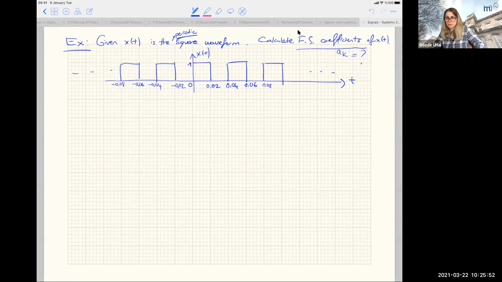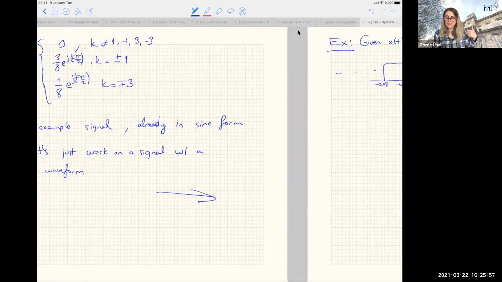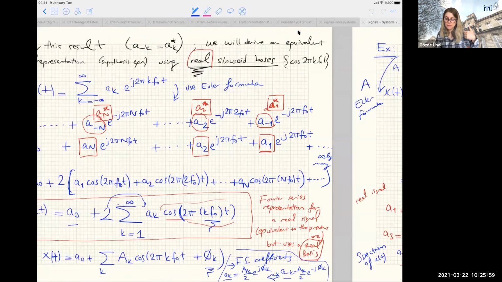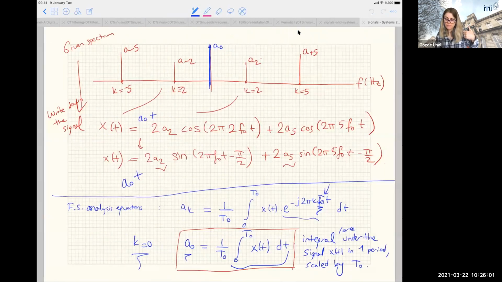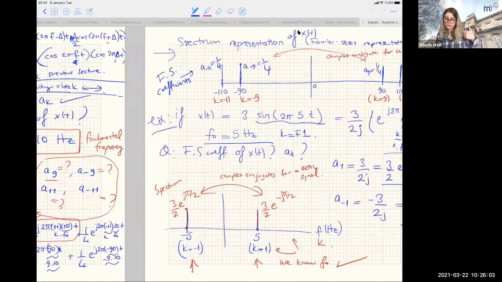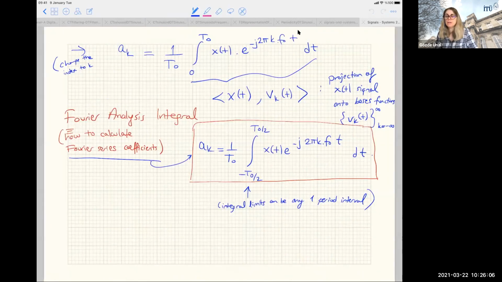You see, this looks a little bit more difficult. Now we resort to our analysis equation. Where was it? Guys, we did a lot of examples here. We project that signal, because we know its form actually. Even if it's given as a plot, we can write it mathematically in one period. And I need to do this integration, or projection of that signal onto the basis function, in one period.